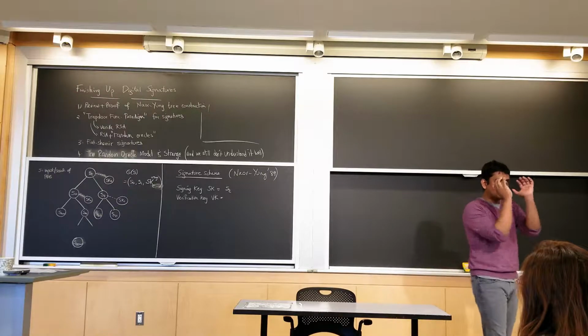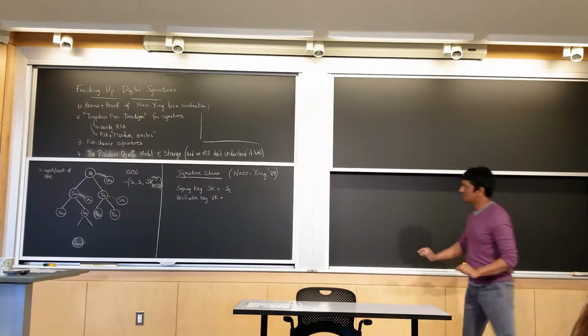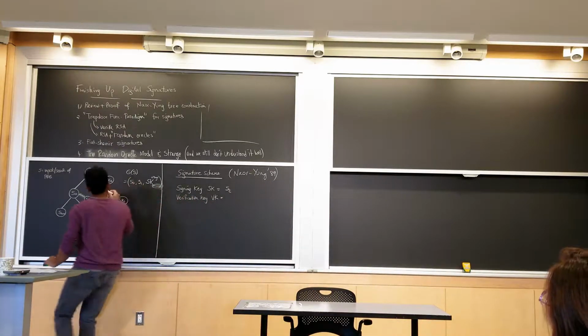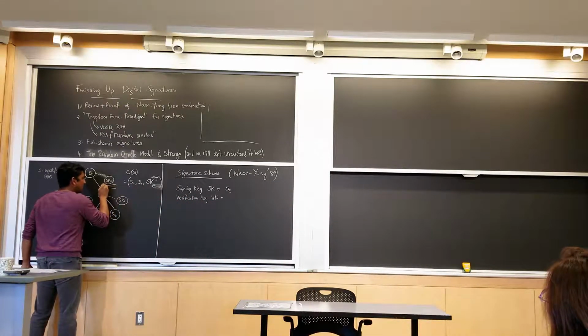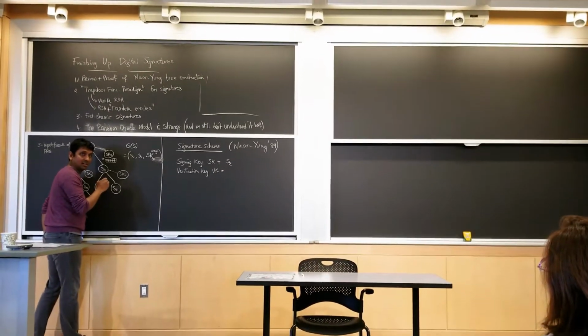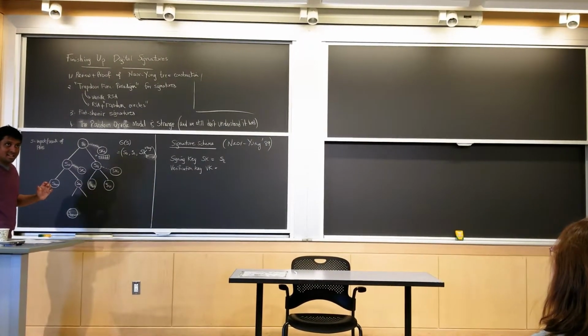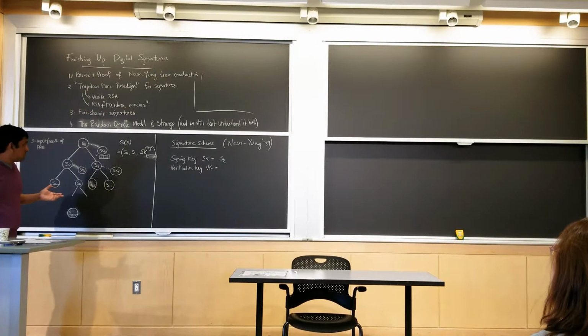Remember, secret key epsilon is parsed as a bunch of pairs of numbers. Each number is not a bit, it's itself a string. This is the Lamport key.